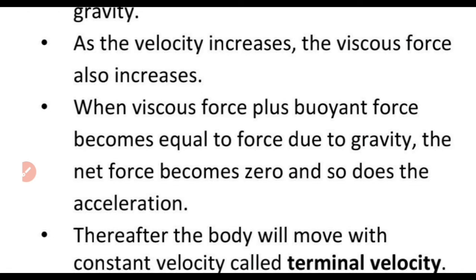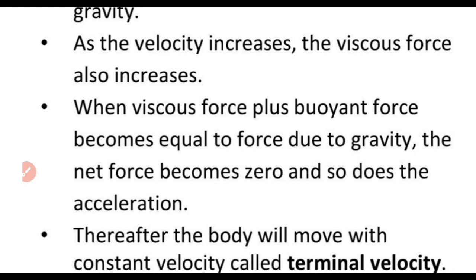Till that point it was under accelerated motion because gravitational force is acting downward. But when the net force becomes zero, how did the net force become zero? Because the viscous force is increasing. As it comes down because of gravitation its speed is increasing, and according to Stokes' formula the viscous force is directly proportional to the velocity.